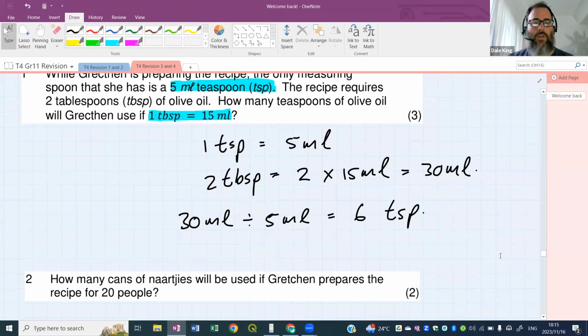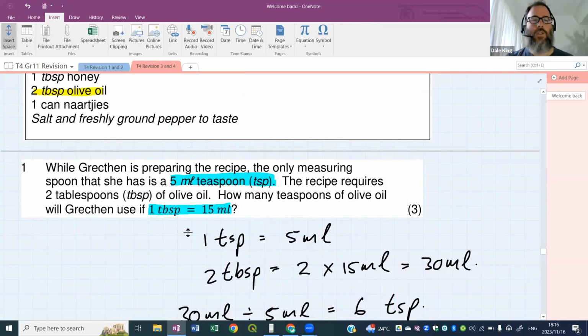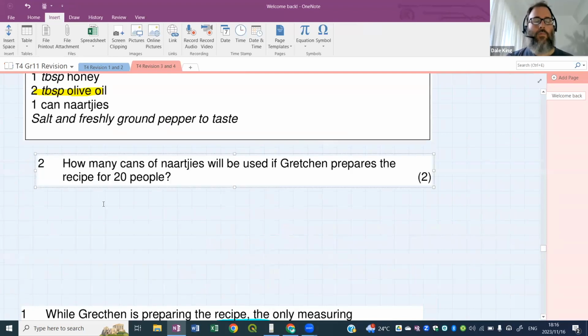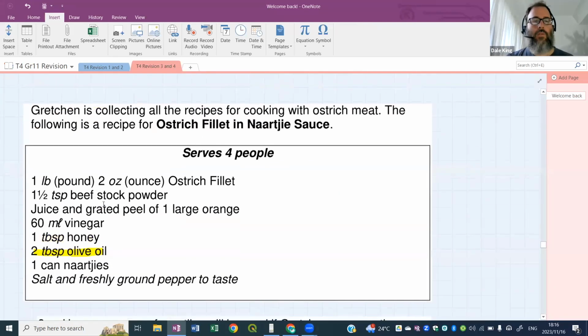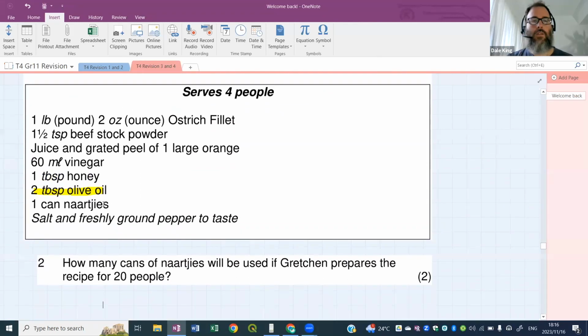How many cans of nard cheese will be used if Gretchen prepares the recipe for 20 people? Now I'm going to take this question and bring it up here. How many cans of nard cheese if we're preparing for 20 people? There's the recipe and there's the question.